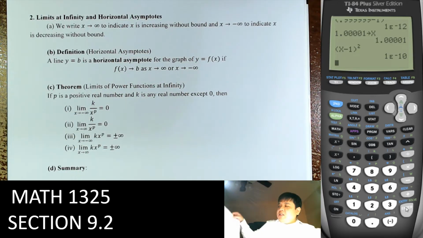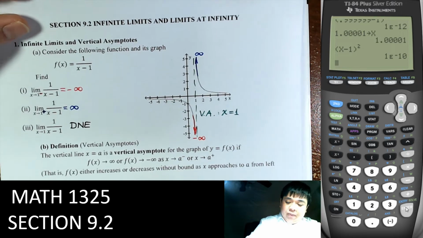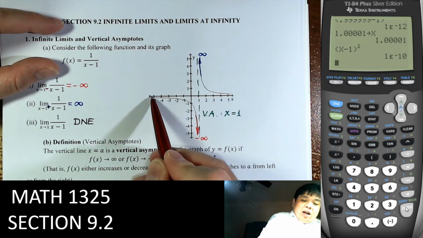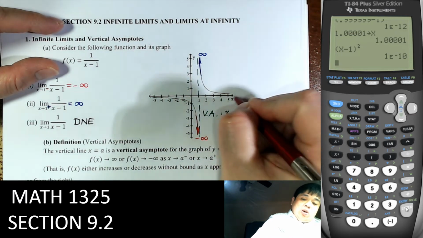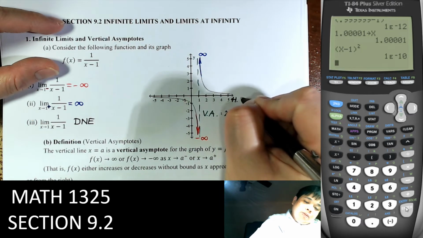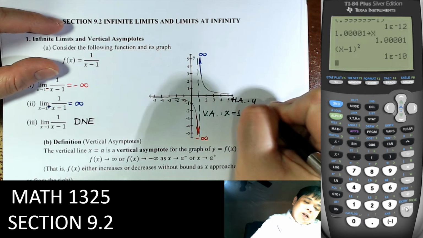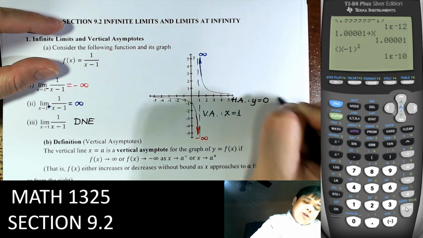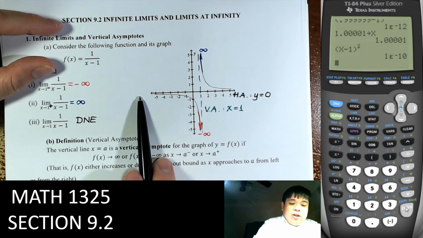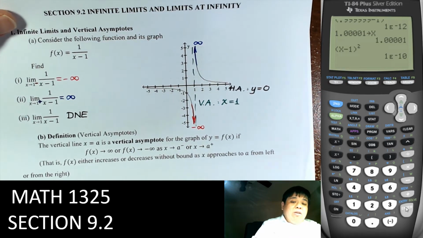Now if we look at the first problem, we see that when x goes to infinity or negative infinity, the y values go to 0. So in this example, we have the horizontal asymptote of y equal to 0, because when x goes to negative infinity or positive infinity, the y values go to 0.